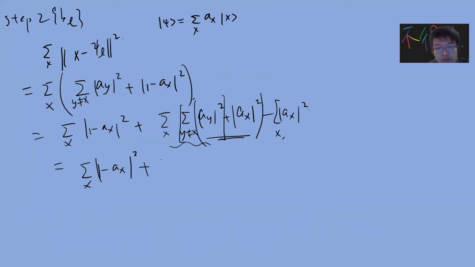So this term will give me 1. So okay, n minus 1. So one can write it as 2n minus 2 times the sum of x, ax absolute value.